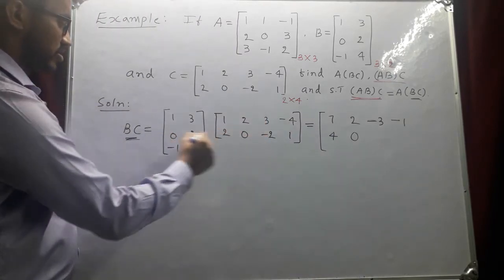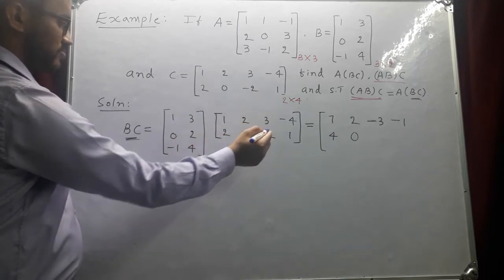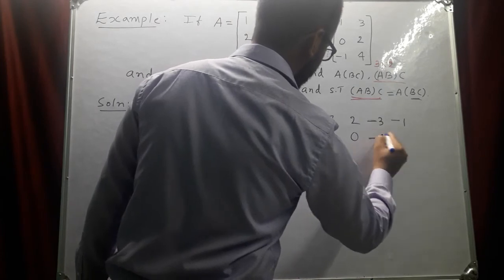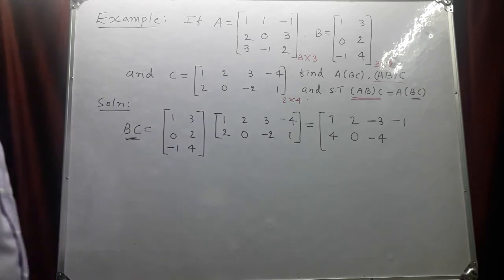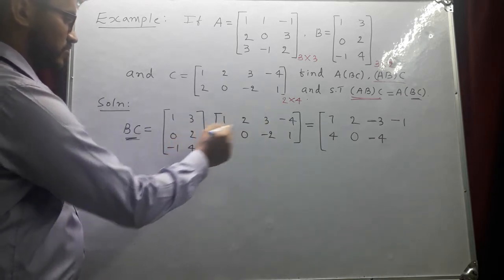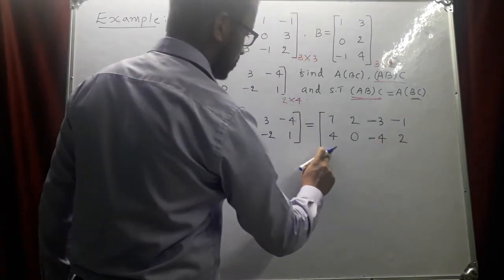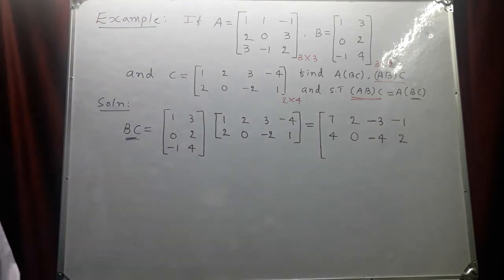Second row, third column, 0 into 3, 2 into minus 2, so we get minus 4. Second row, fourth column, 0 into minus 4 plus 2 into 1, so that is 2. So we got the second row elements.